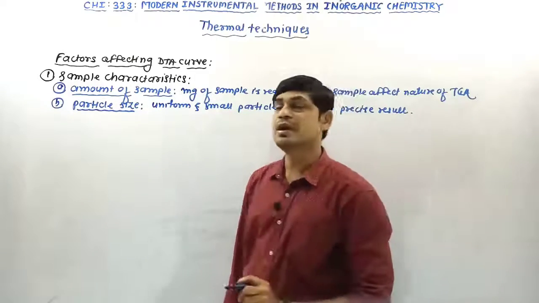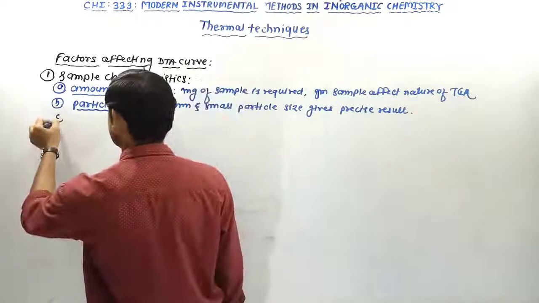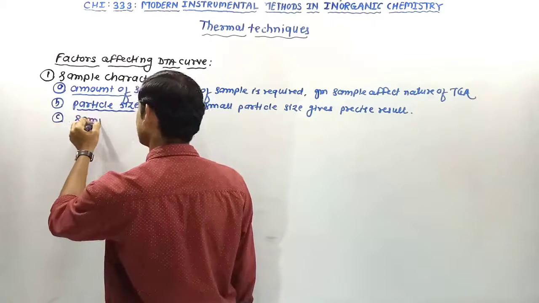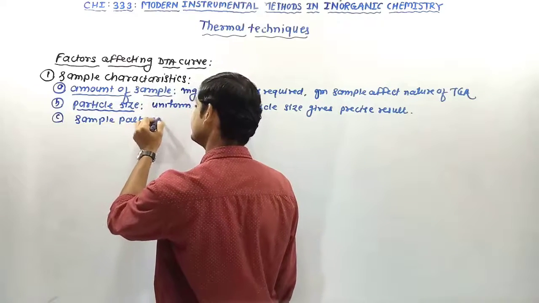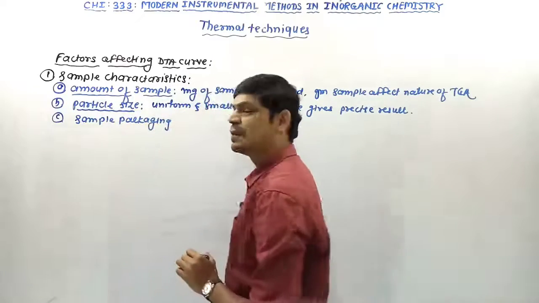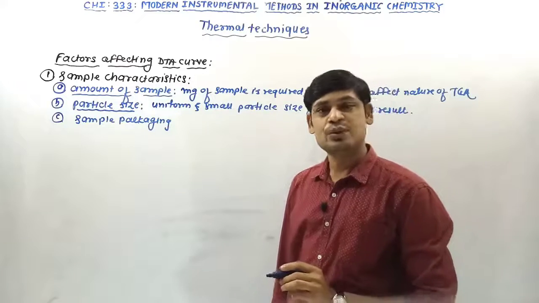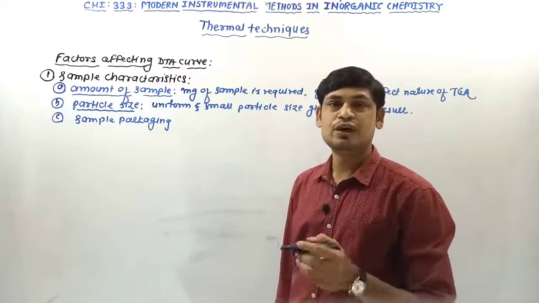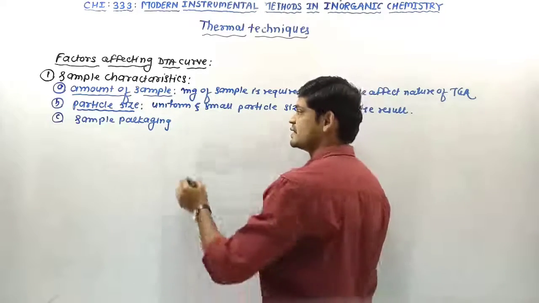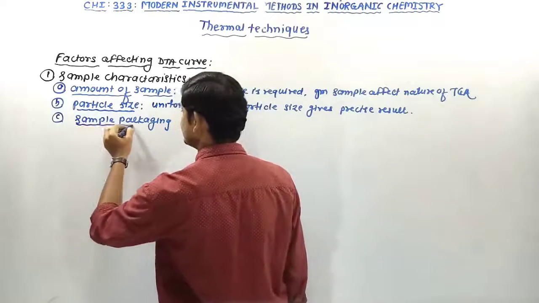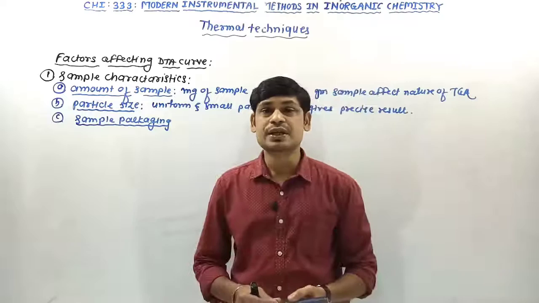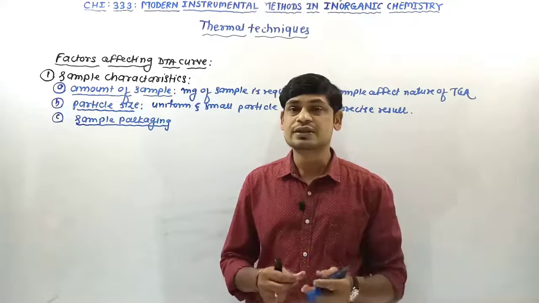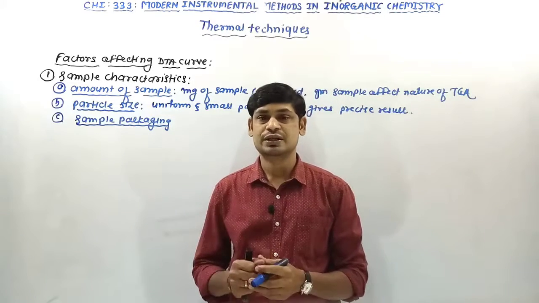Next one is sample packaging. Sample packaging means sample preparation. We have to prepare the sample before loading it into the instrument. In sample preparation, the sample material is mixed with a certain inert material.